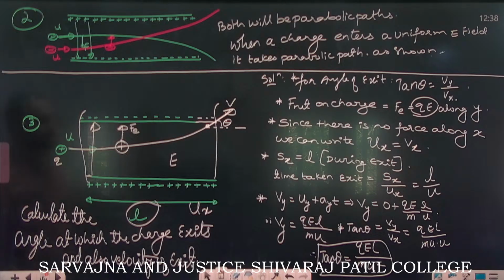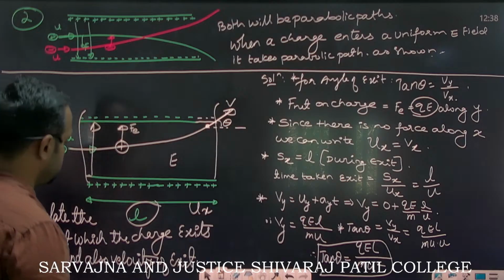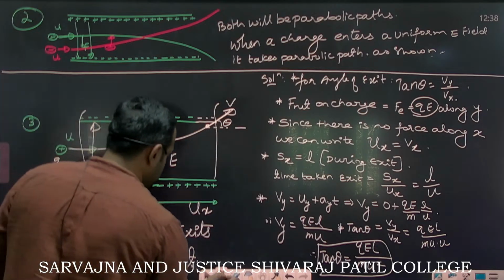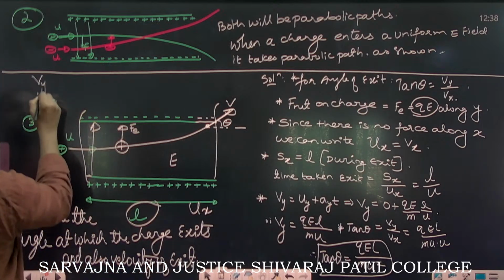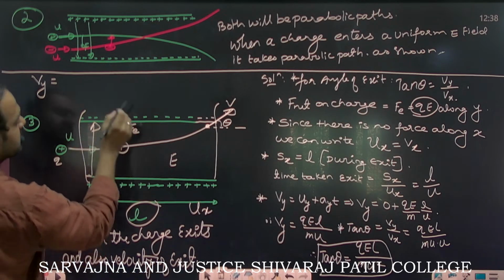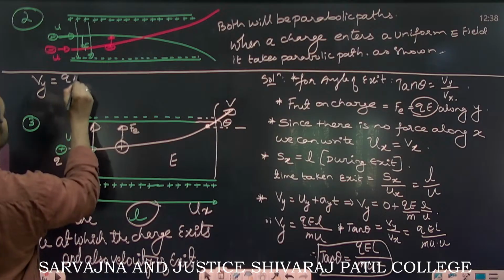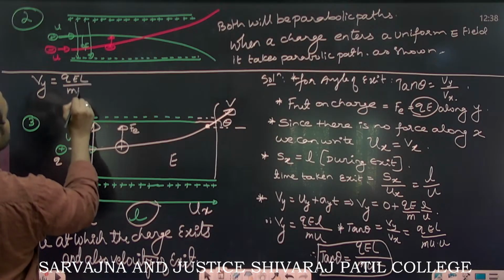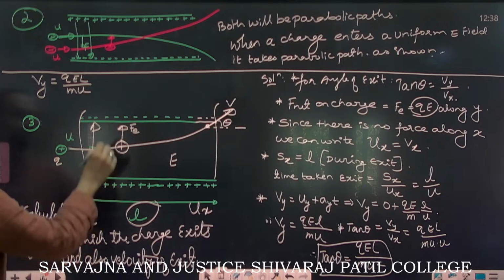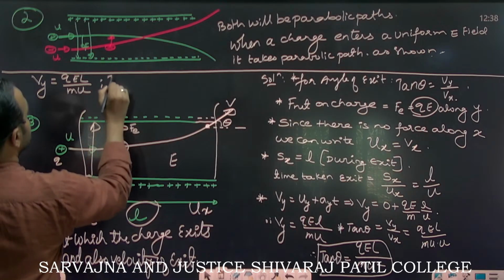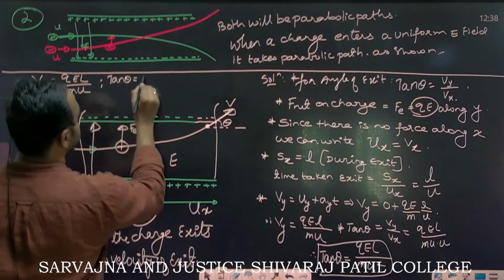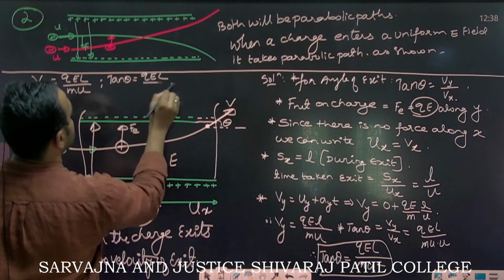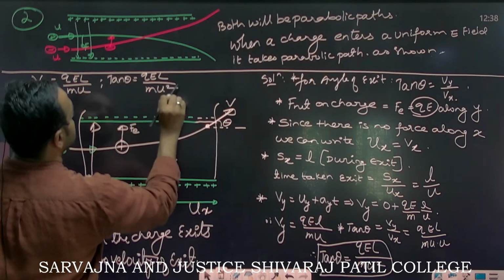So you can write down all the things in this. What is the velocity along the vertical direction during exit? It is coming out to be QEL divided by m into U. Then the angle of exit, tan theta, is coming out to be QEL divided by m into U square.